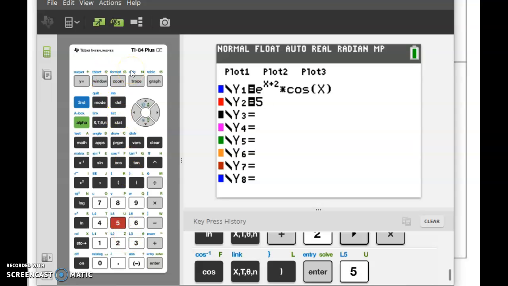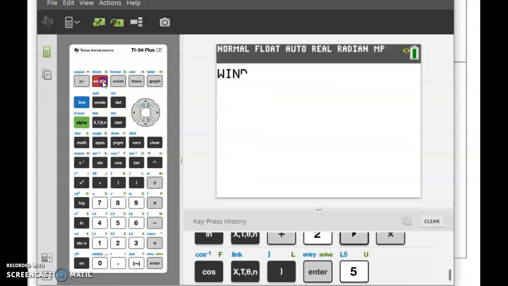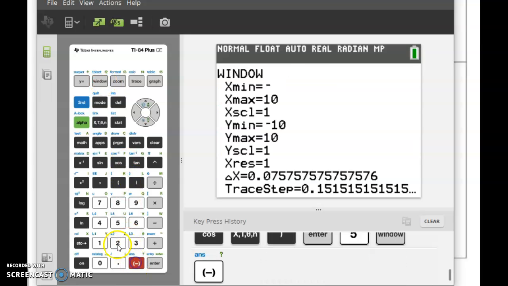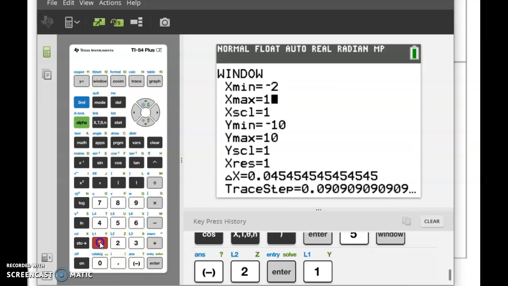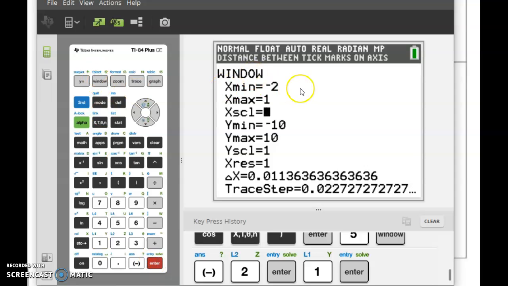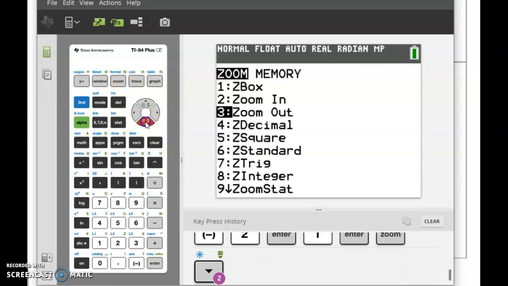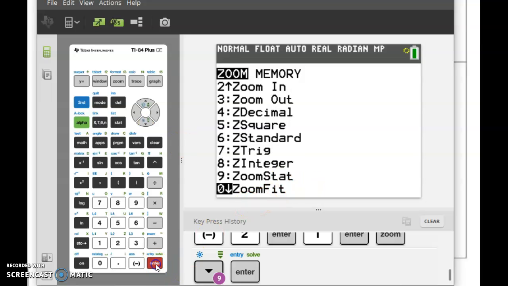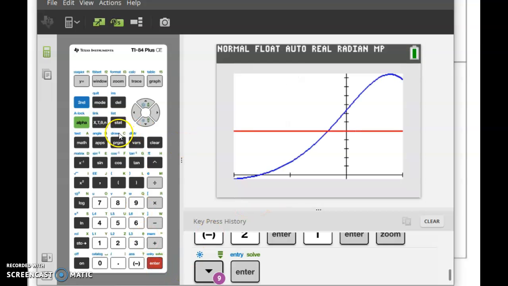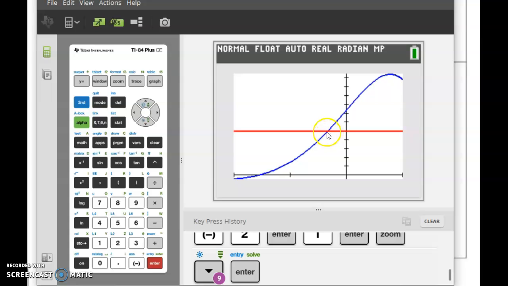Now, we've already shown with the intermediate value theorem that our answer will be between -2 and 1, so you can change your window to be from -2 to 1. And it's a neat trick, if you hit zoom and go down to 0, the 0 option says fit, and it'll fit that graph perfectly, and you can see exactly where the equation we came up with hits.